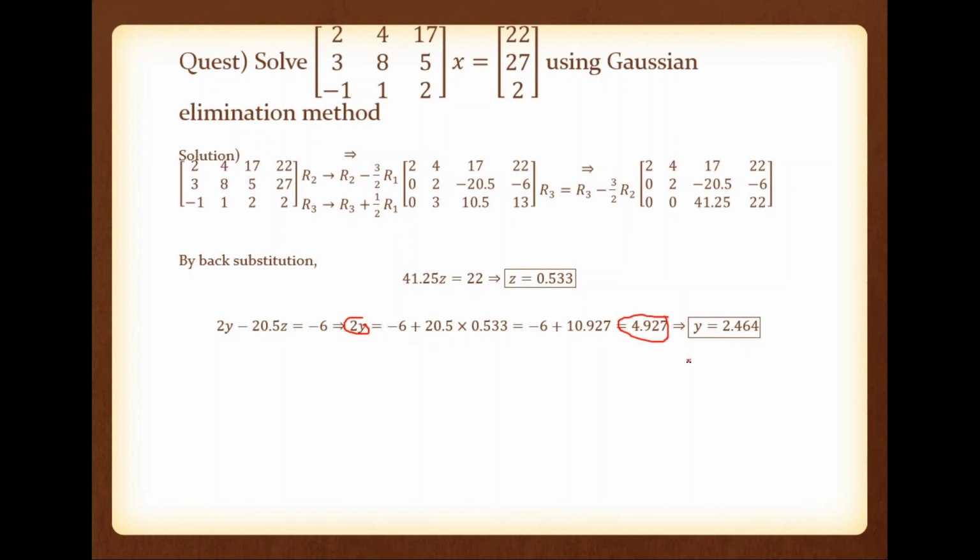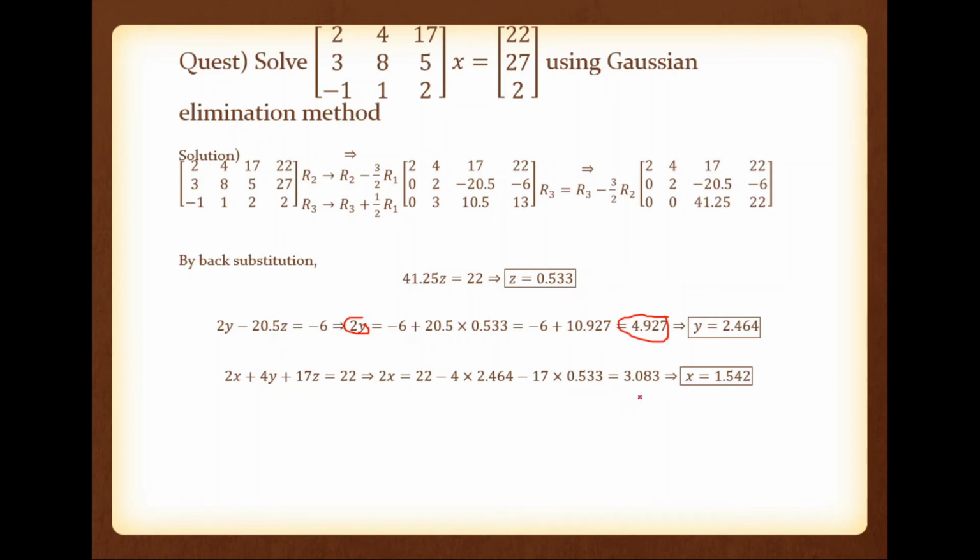So this is y. Now by processing the first row, we are going to find x. So what is the first row? 2x plus 4y plus 17z is equal to 22. So from this, 2x is equal to 22 minus 4 times y, y is 2.464, minus 17 times z, 0.533.